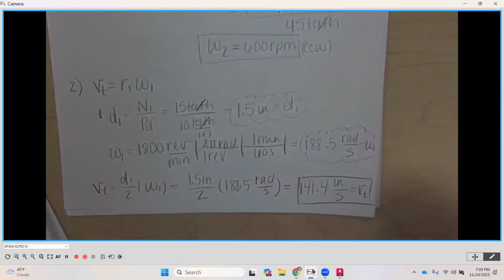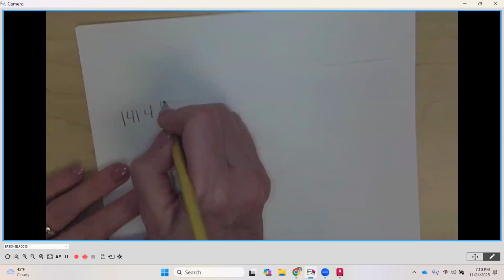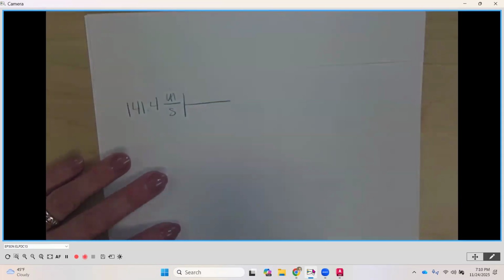If you peek at the answer, they have it in per minute, which is a very common value. So I'm going to have to convert mine on the next page. So 141.4 inches per second. If you have room, go ahead and add yours. 141.4 inches per second. And we just want to convert that to feet per minute.